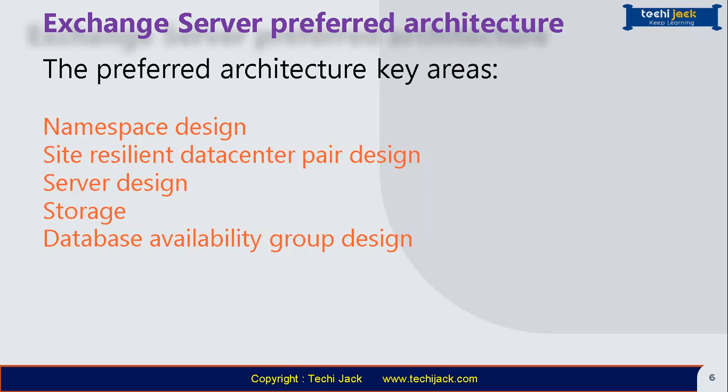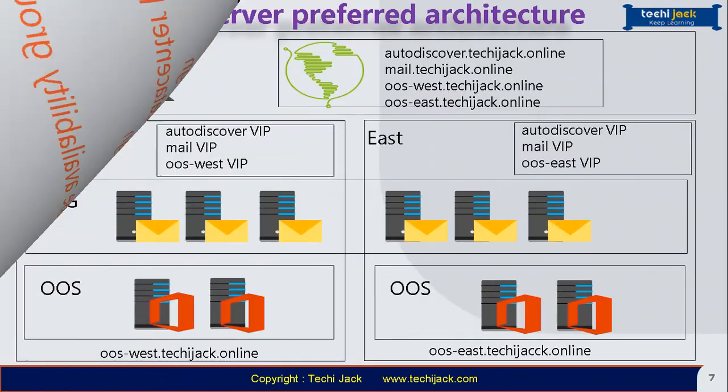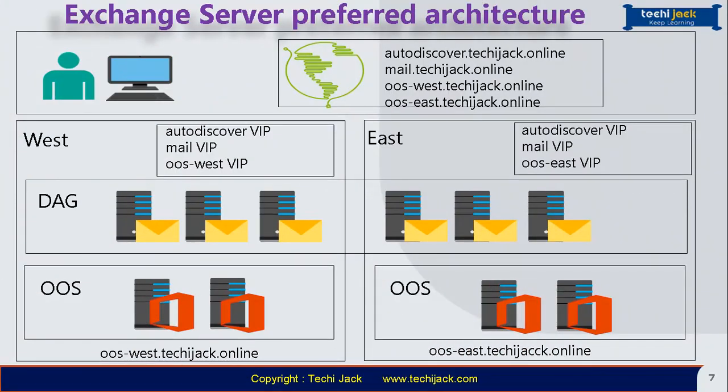This is an example of Exchange Server preferred architecture. Here we have two sites, West and East, and we are using a single namespace, techiejack.online. For OA, the URL will be mail.techiejack.online, but the user in the West can use a URL like west.mail.techiejack.online to connect with OA.